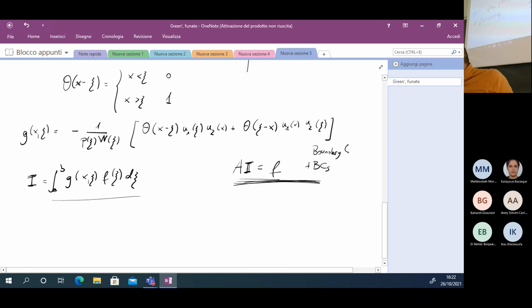Sorry, it's the way I write boundary conditions. Many times in my notes I write parentheses, which for me means with respect to.